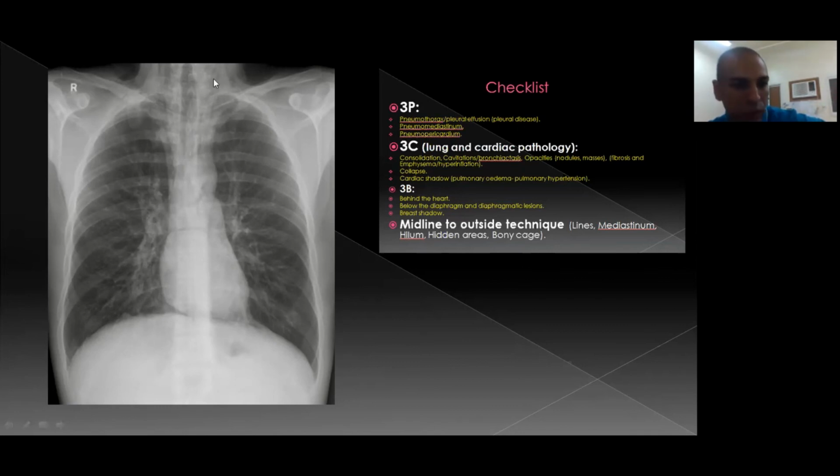We don't have any pneumothorax, but we do have pneumomediastinum, and even pneumopericardium, but ignore this one. We have mediastinal widening, which is not normal, and we have pneumomediastinum.